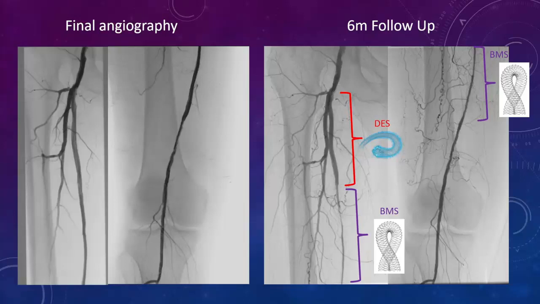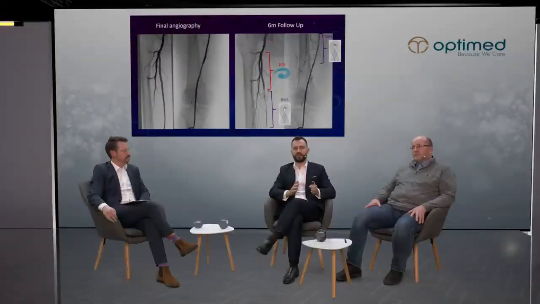So both technologies have their advantages and disadvantages, and it's up to the operator to think about what technology is best in this case: keep it open longer, or go for a really high radial force stent. But in cases like this, you can have restenosis within 1 year. So this was after balloon dilatation and the final result.